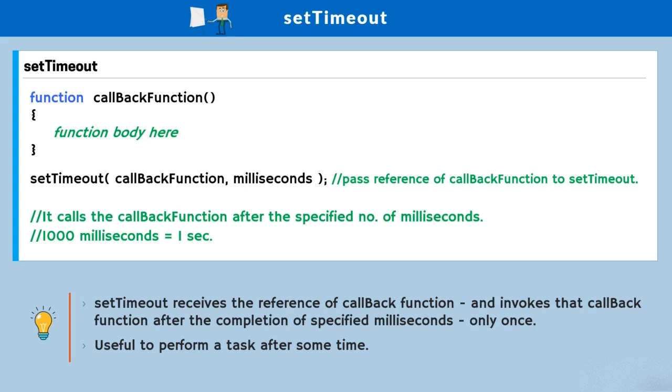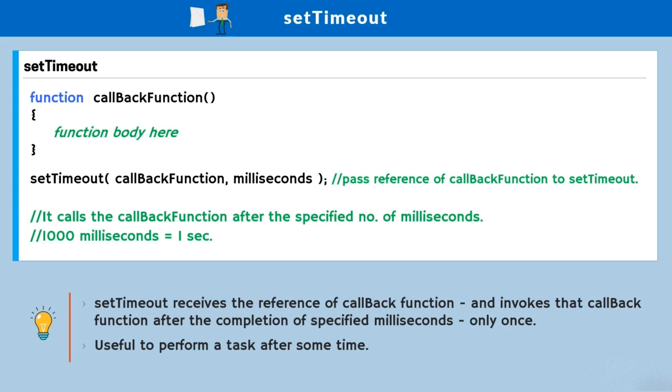For example, in an application, after 5 minutes the session should automatically expire. Then you can use setTimeout so that automatically after the specified time is completed, the session will expire. Or otherwise, in a website, you would like to show a commercial ad after opening the web page, especially after 1 minute.